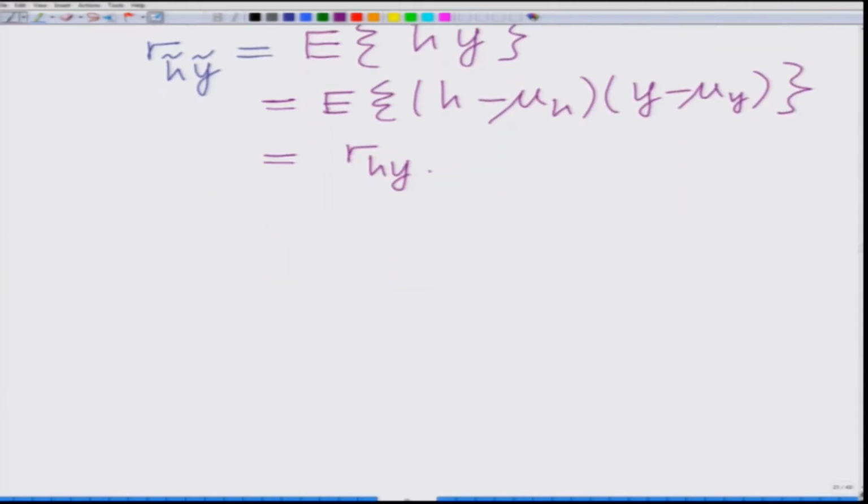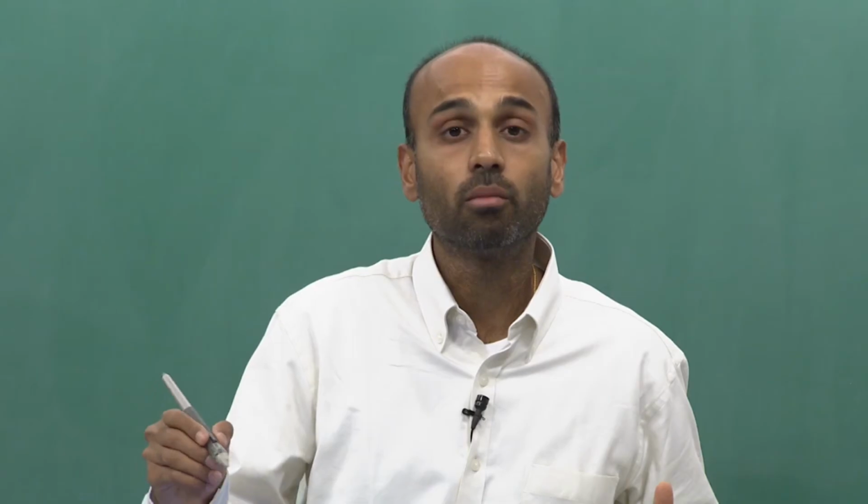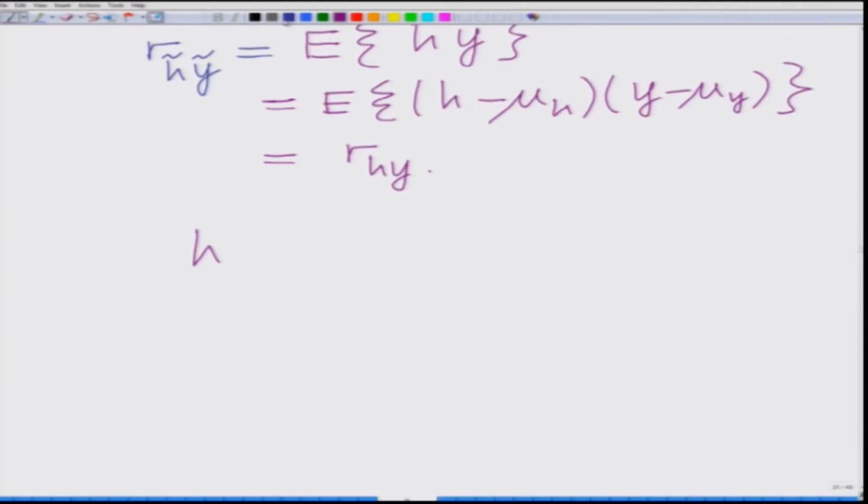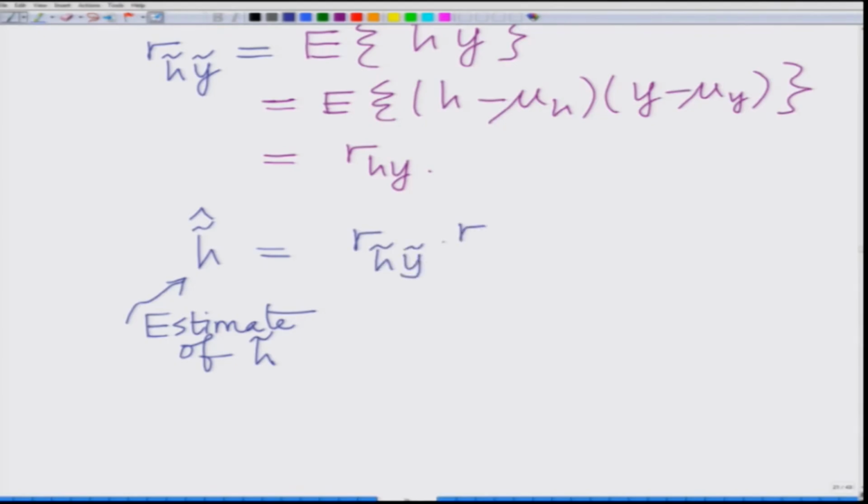Now, the estimate of this modified parameter h tilde given the observation y tilde, we know this is given as h tilde hat, the estimate of h tilde, equal to r h tilde y tilde times r y tilde y tilde inverse times y tilde.